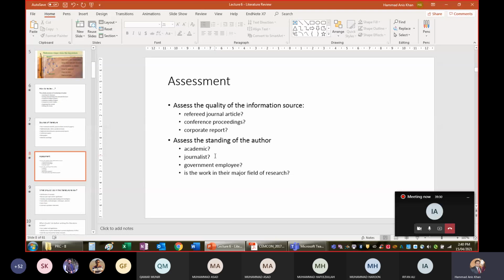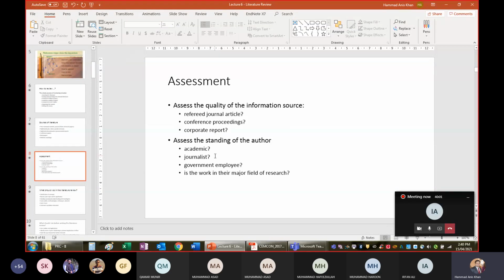The journal impact factor is around 8 or 9, and generally in my area of research the impact factors range between 2 and 4. So if I get a research paper from Cement and Concrete Research, it will be very authentic. In this way you will assess the quality.